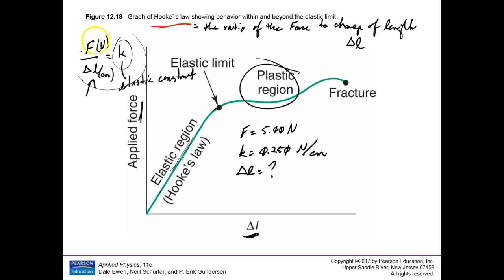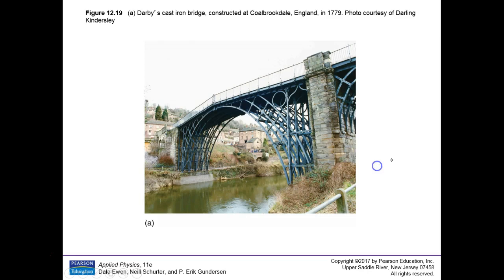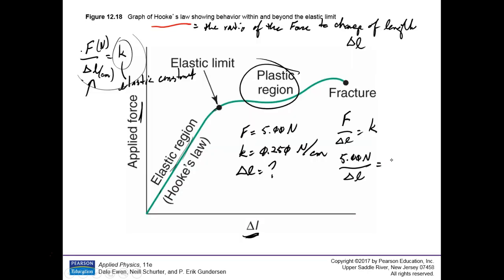Okay, we'll do that. Here's your formula, and that will be, let me copy it here. F over delta L is equal to K. So we know F is 5.00 newtons over delta L, that's what we're looking for, so we don't know that, is equal to 0.250 Newton per centimeter.